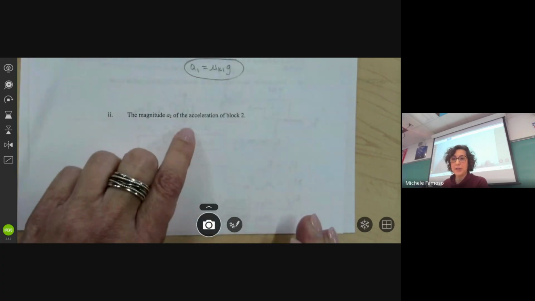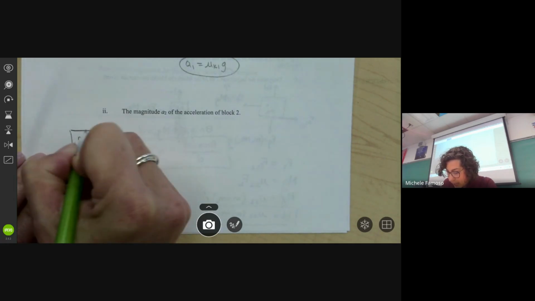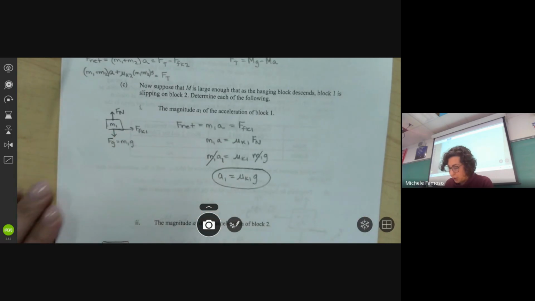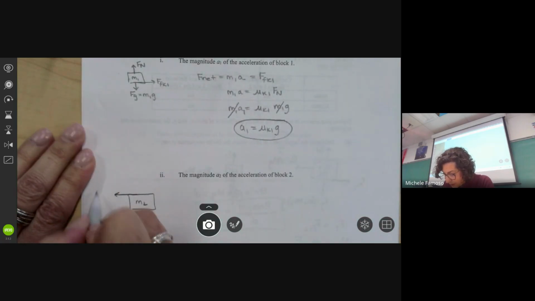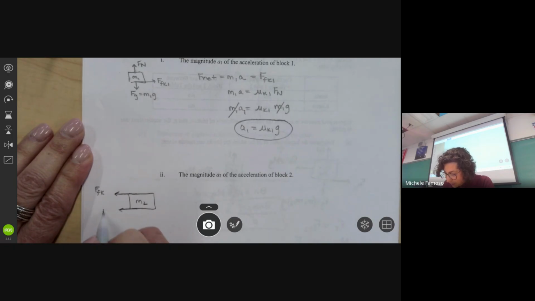Now we're going to figure out what the acceleration of block 2 is. Here is block 2. That kinetic friction force on the bottom surface is trying to pull this forward, which means on the top surface, it's trying to pull it back. There is another kinetic friction force on the bottom surface, and then we have this tension force pulling it to the right.